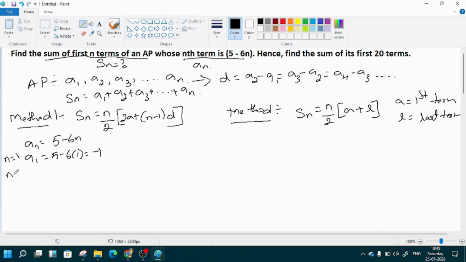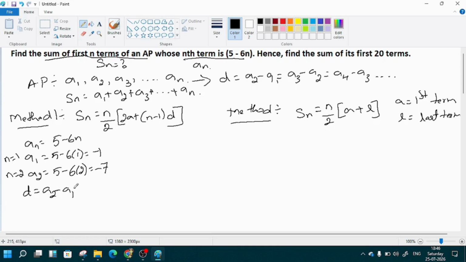When n is 2, a2 is 5 minus 6 into 2, so it's going to be minus 7. Like this we can find all the values, but we are going to stop here because we need the d value now. The d value is nothing but a2 minus a1.